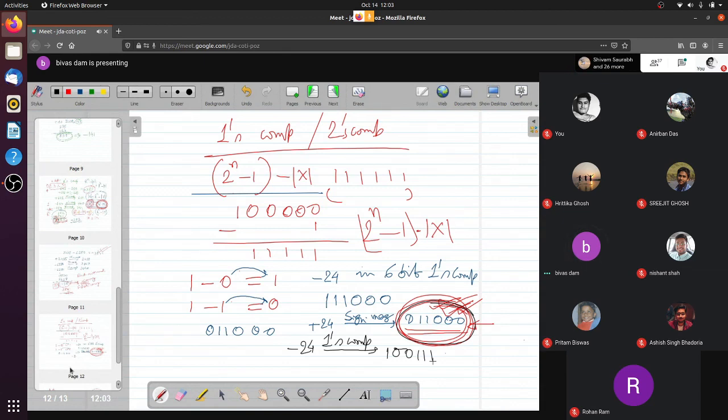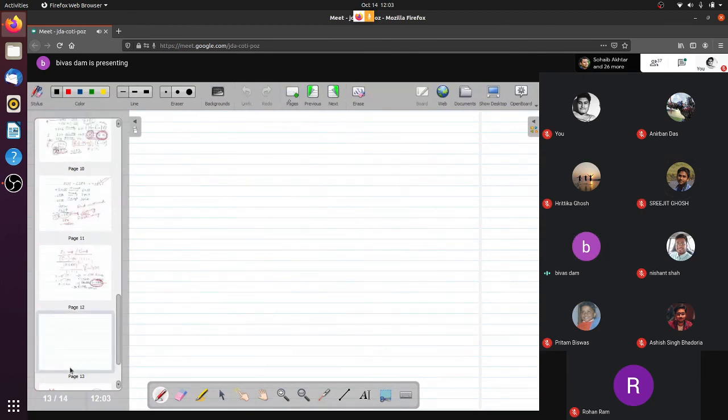Is it clear? Yes, sir. You do one example. Assume that the number system is 6 bits ones complement. Find the ones complement of minus 17 and plus 12.